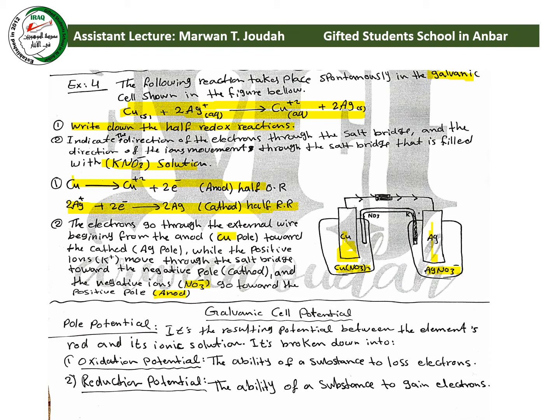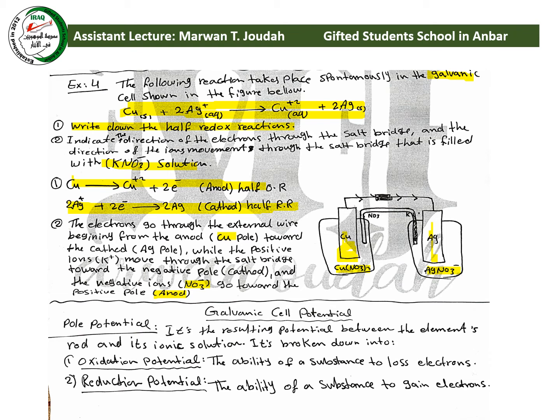The pole potential is the resulting potential between the element, the rod, and its ionic solution. This explains the potential between the element itself and the ionic solution, which could be KNO3, for instance, as we mentioned in the previous example.